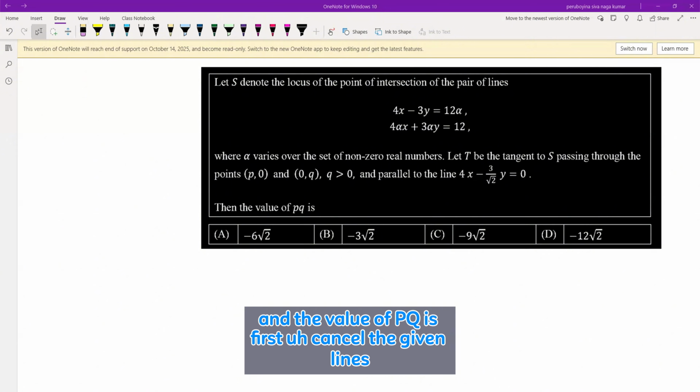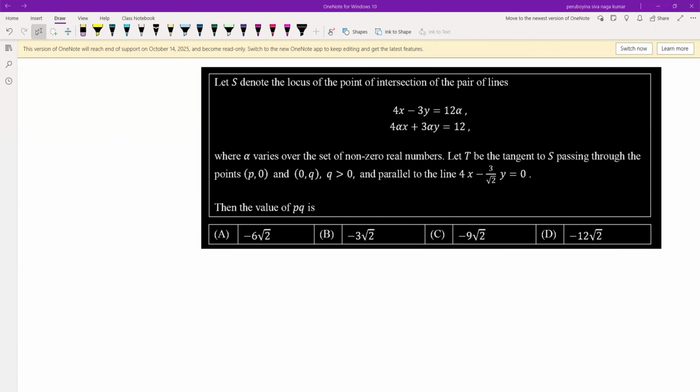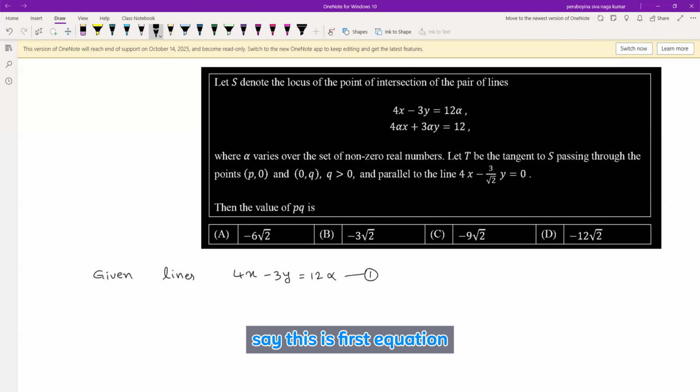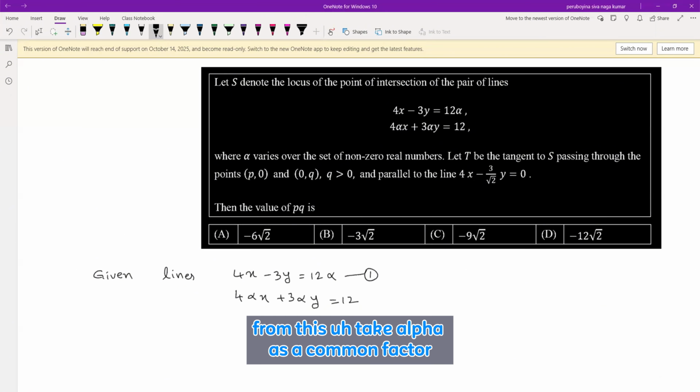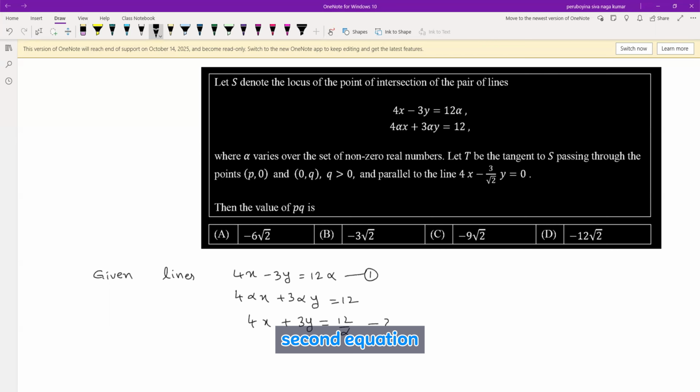First, consider the given lines. Say this is the first equation. And the next equation, 4 alpha x plus 3 alpha y equals 12. From this, take alpha as a common factor: 4x plus 3y equals 12 by alpha, say the second equation.